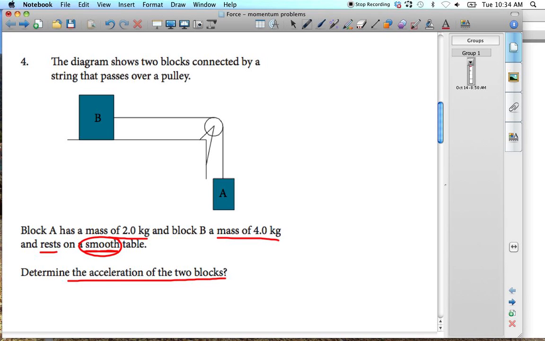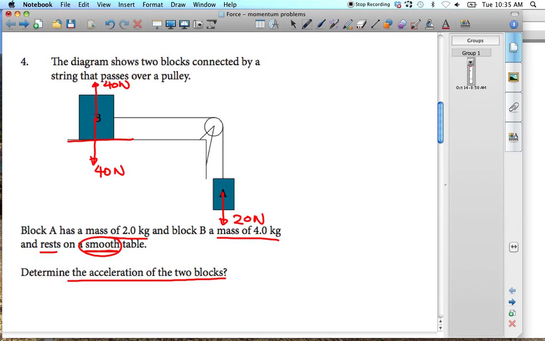So if I think of A, I've got a force downwards there. That's going to be about 20 newtons. The weight, 10 times 2, if we take 10 as your acceleration due to gravity. Now, the 4 kilograms here, because it's resting on a table, there is going to be a reaction force there balancing its weight.